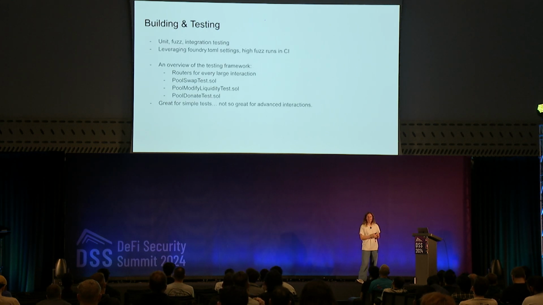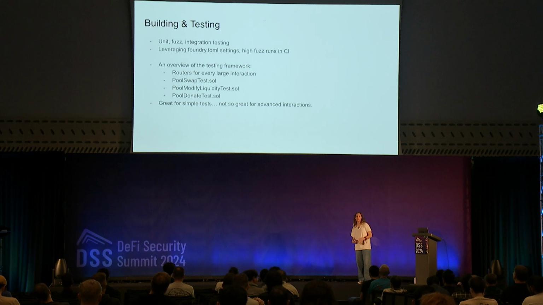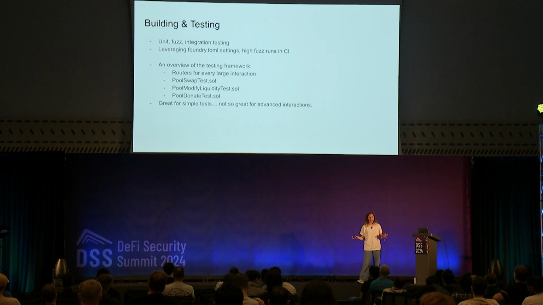Okay, into the testing phase of V4. I coupled it with building because as we were building a lot of the features, we were also heavily testing them. We had all the basics: unit tests, fuzz tests, integration tests. But we made a switch very early on in the code base to use Foundry, and we were able to leverage a lot of their great testing suite properties.